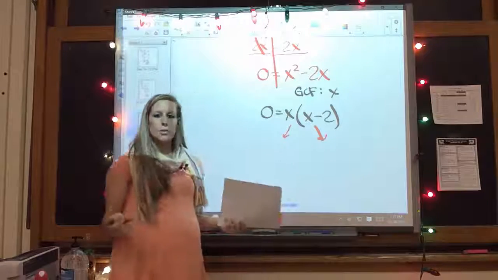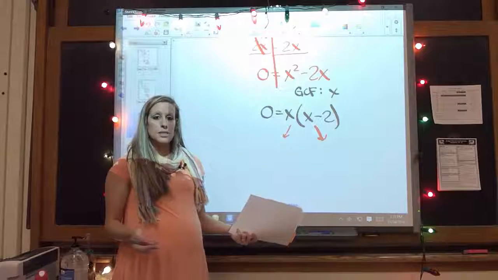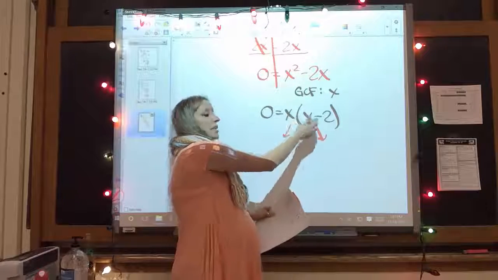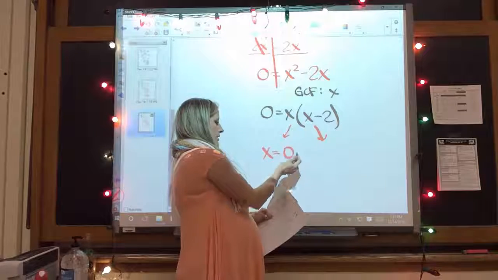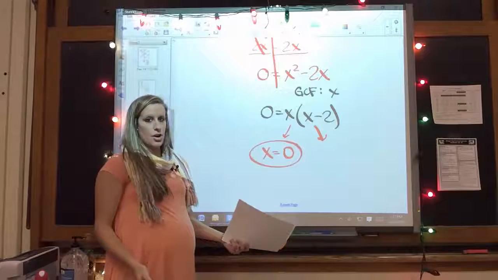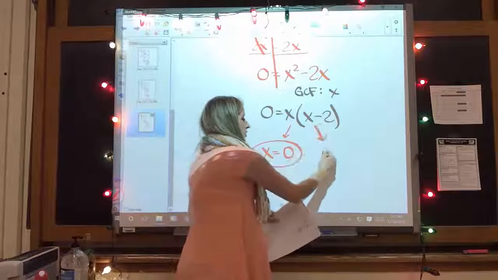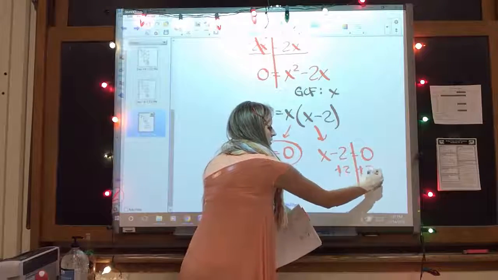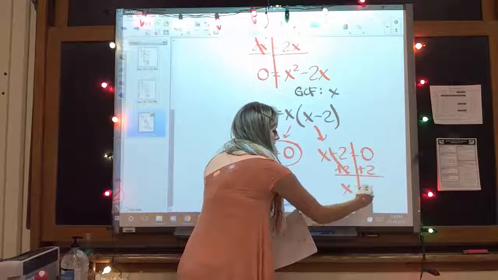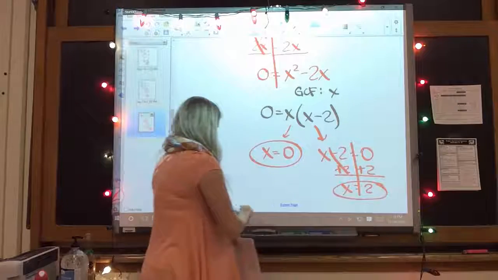Remember how I said if you don't remember the trick, you can set them equal to 0? Okay, I'm going to set each one equal to 0. So on the first one, if I set it equal to 0, x is 0. Second one, if I set it equal to 0, I have to add 2, and x equals positive 2.